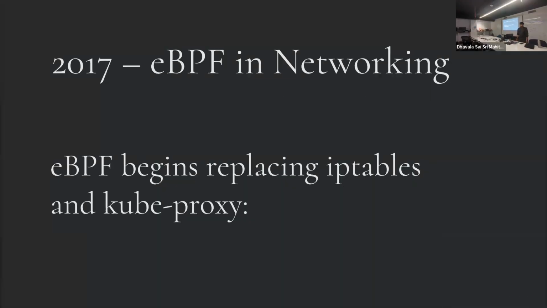And then we had eBPF in networking, which was actually a game changer. This is the reason we were able to get packets directly from the NIC, run all the logic on top of that, and we can monitor the traffic, observe it, analyze it, and do post analysis over that traffic.